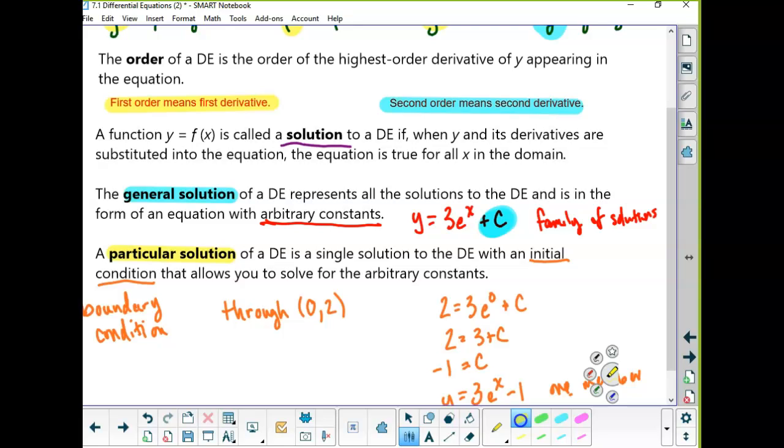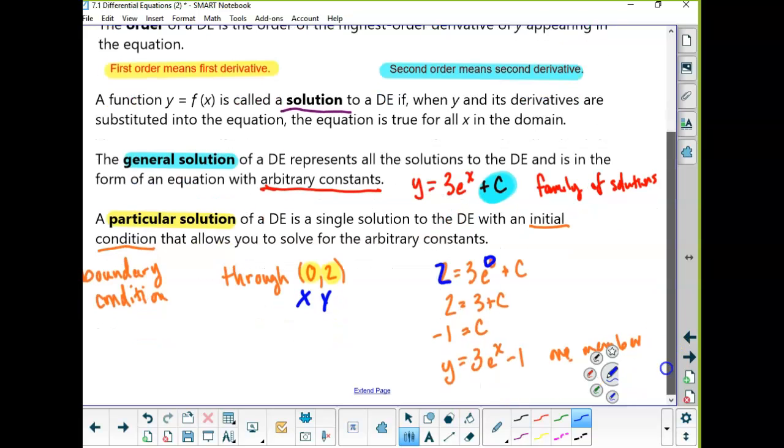And that was when, what if I had this answer, y equals 3e to the x plus c. But then I told you, you know what? X is equal to 2, and y is equal to 0. What do we do? We plug them in to the spot for x and y, and then we solve.